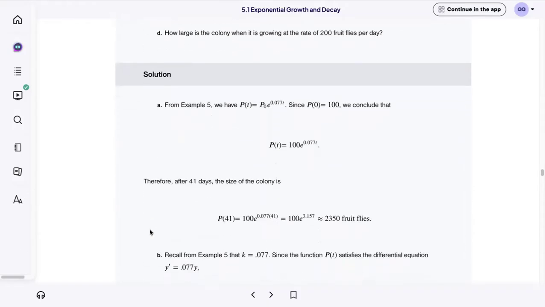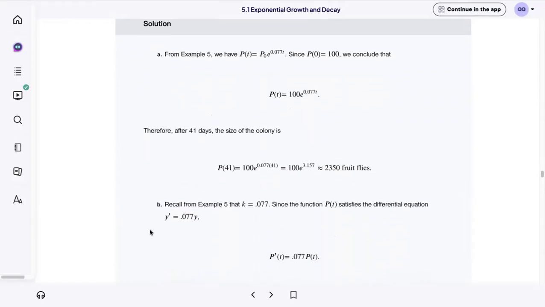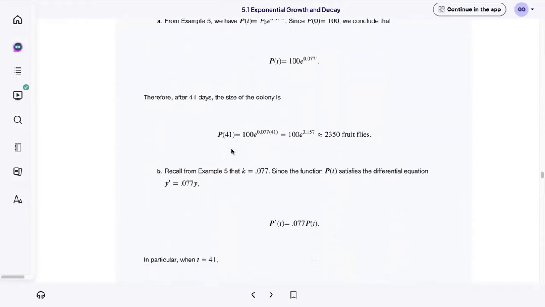So let's just follow the textbook. The textbook uses 0.077 for ln2 divided by 9. When it's 41 days, we just plug t equals 41 into the function to calculate it. That's about 2,350.